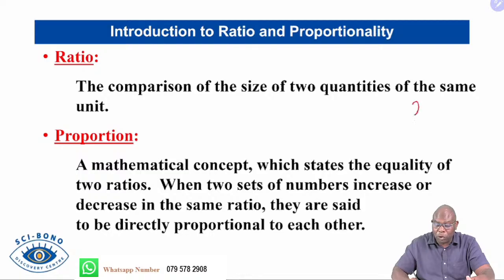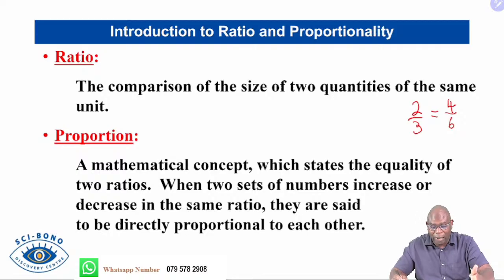If I've got 2 over 3, and I multiply the top by 2 and multiply the bottom by 2, I get 4 over 6. So that is the equality of those two ratios. When two sets of numbers increase or decrease in the same ratio, you see what I've done there? I've multiplied by 2 and increased both with the same number. Therefore, they are said to be directly proportional to each other.